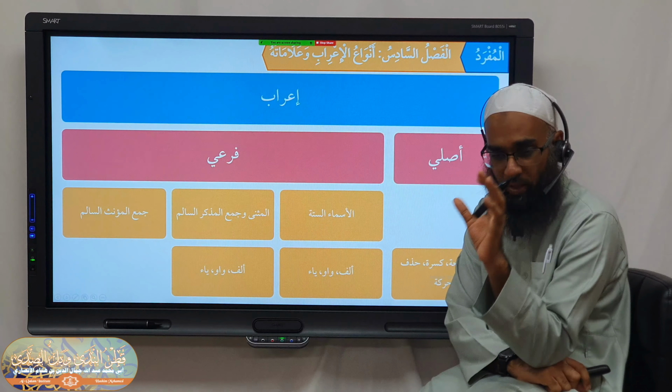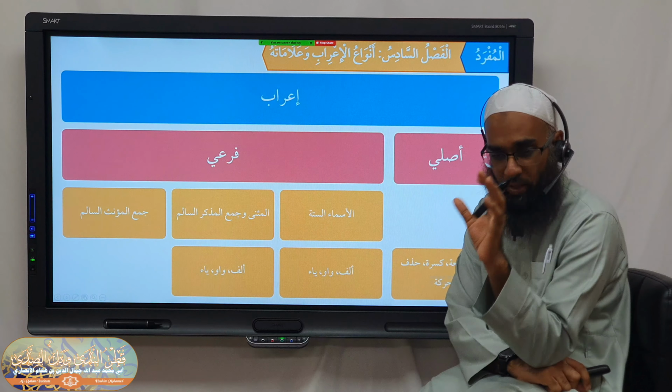How is it Jam'ul Mu'annas Salim? You have to add atun, which is extra. This is part of the root letters. So he says Mazidatain. So Muslimun or Muslimatun becomes Muslimat because the alif and ta is Za'idatain, Mazidatain. Yes? And not this one, it's not extra, it's part of the root letters.